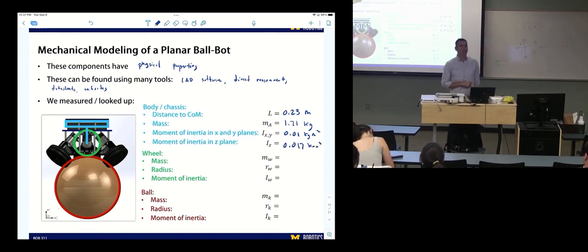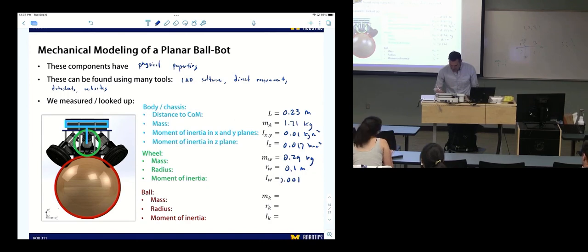The wheel that we're using has a mass of 290 grams. Its radius is 0.1 meters, and its inertia is 0.001 kilogram meter squared.